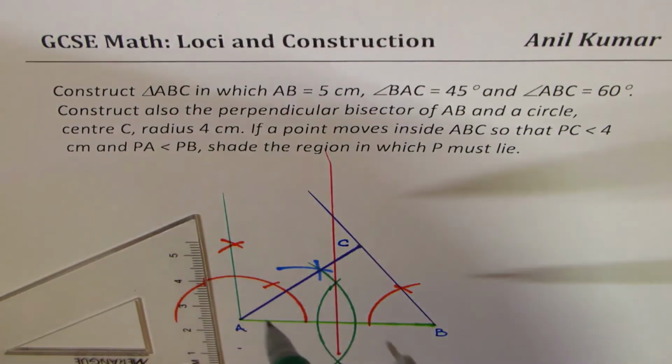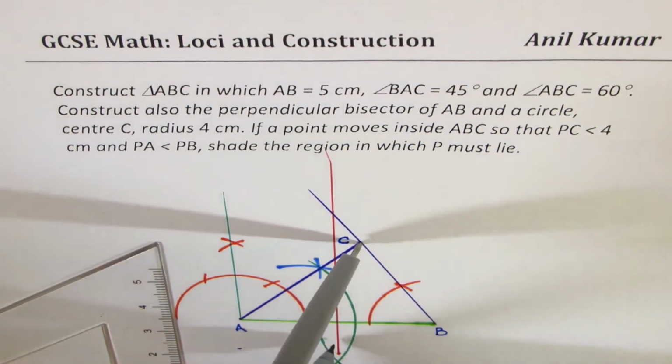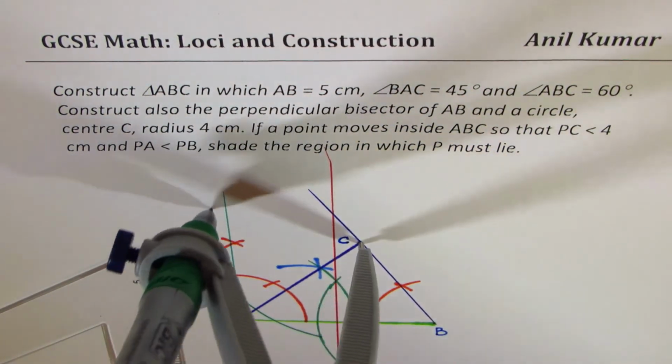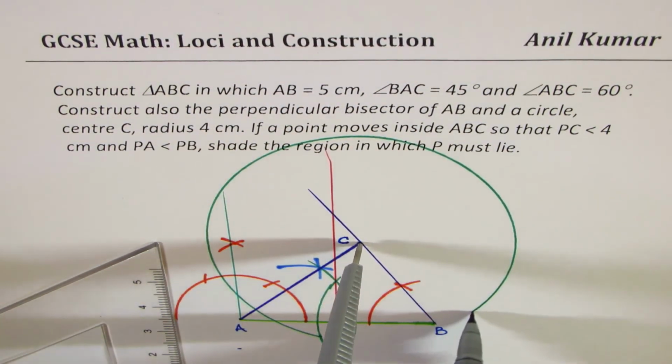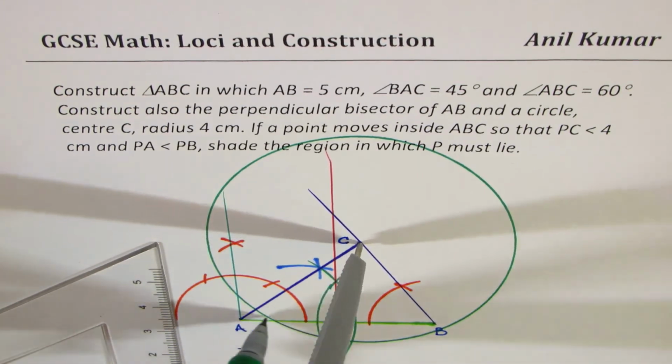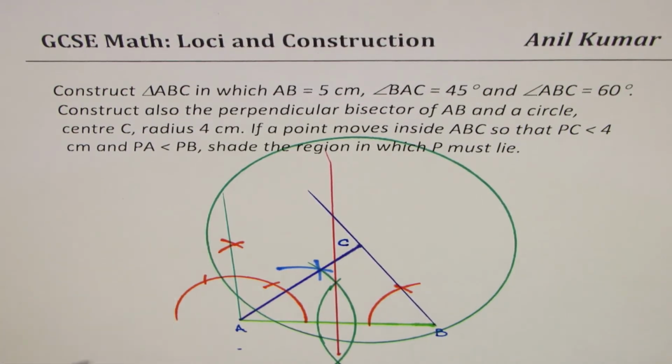Okay, there we go. So from here, I'll make a circle of 4 centimeters, with center at C.